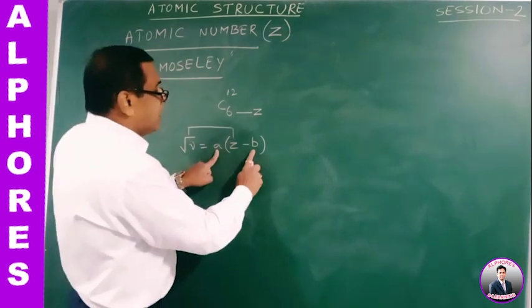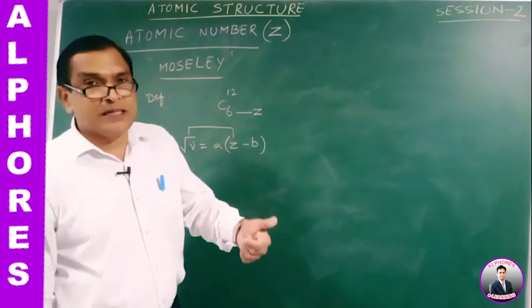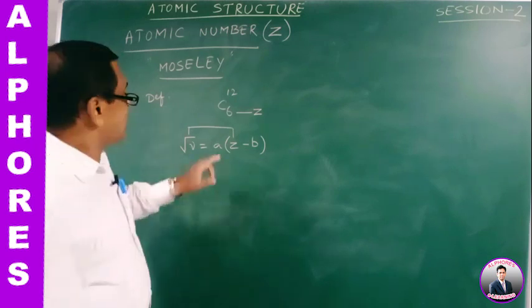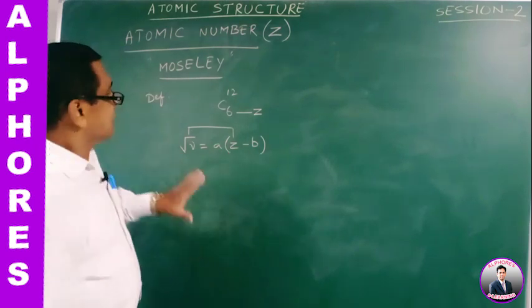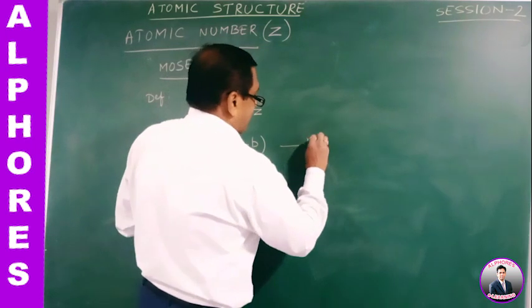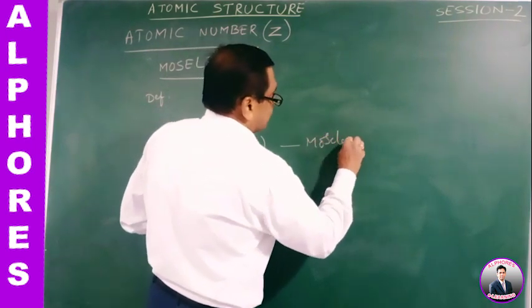A and B are constants for a particular element. They are not common for all elements; the values of A and B change. This is called the Moseley equation.